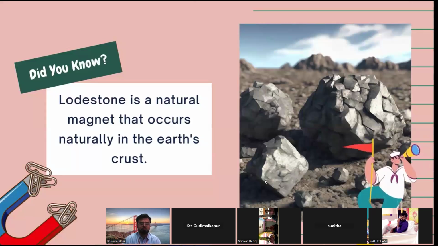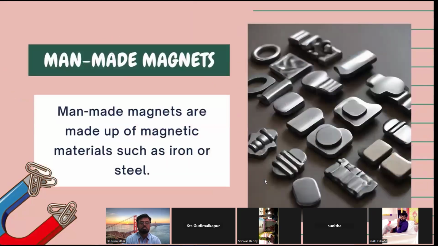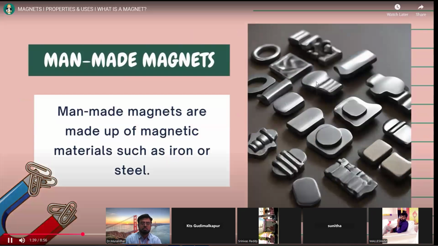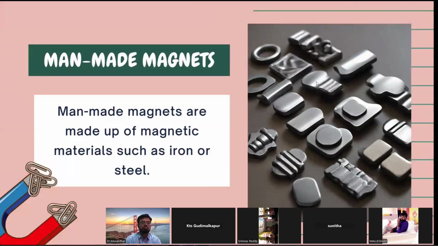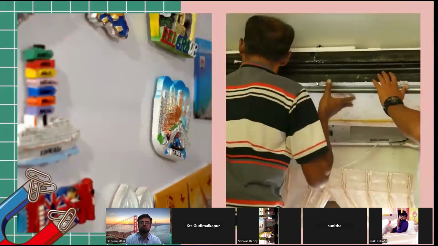These fascinating rocks have been used by sailors in the past to navigate and find their way. While man-made magnets are made up of magnetic materials such as iron or steel. One common way to make a man-made magnet is by rubbing a piece of iron with a strong magnet. They are used in many everyday items, such as refrigerator magnets, air conditioners, and more.